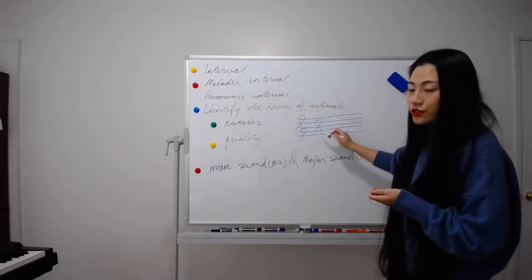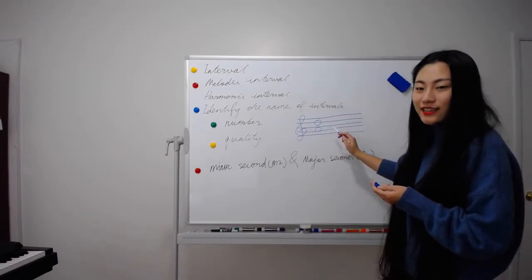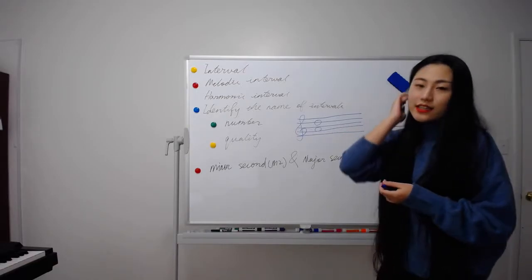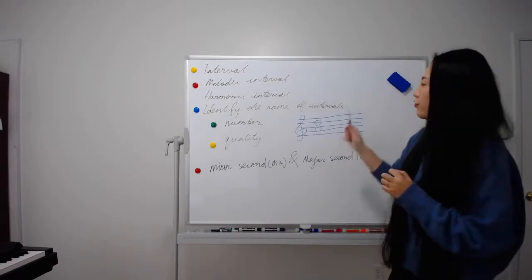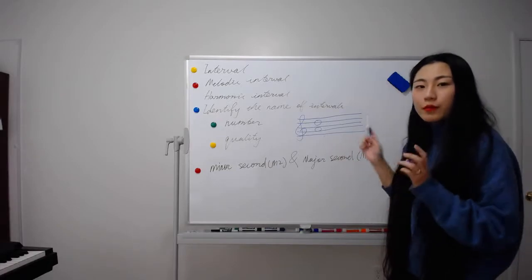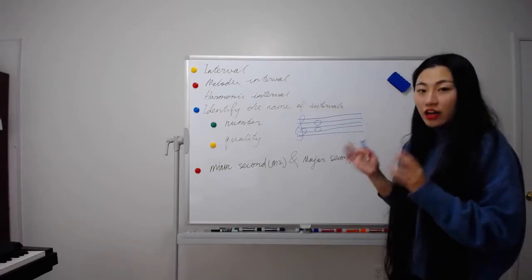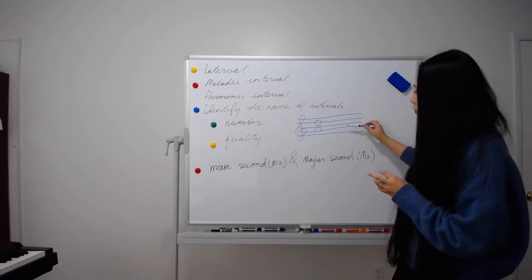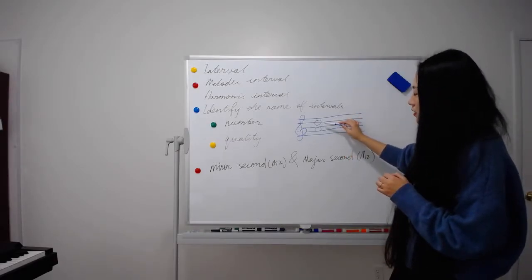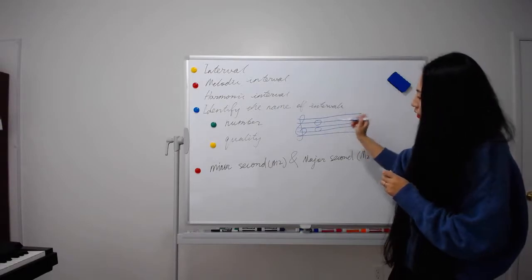Because this is written on a line vertically, right? So now let's count the number of this interval. Remember, both lines and spaces are counted.